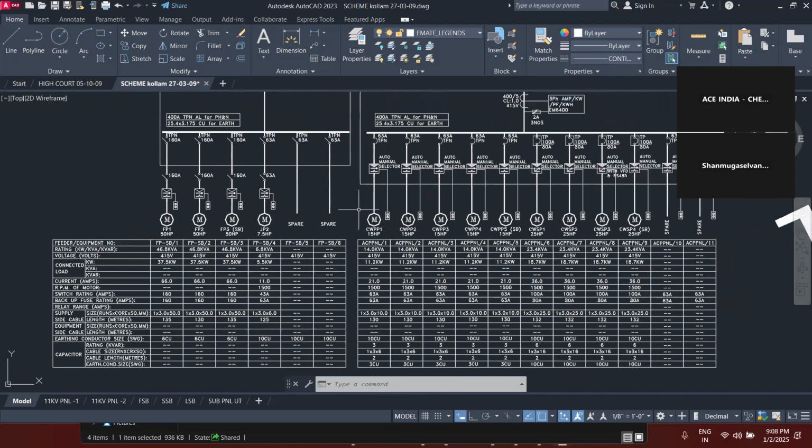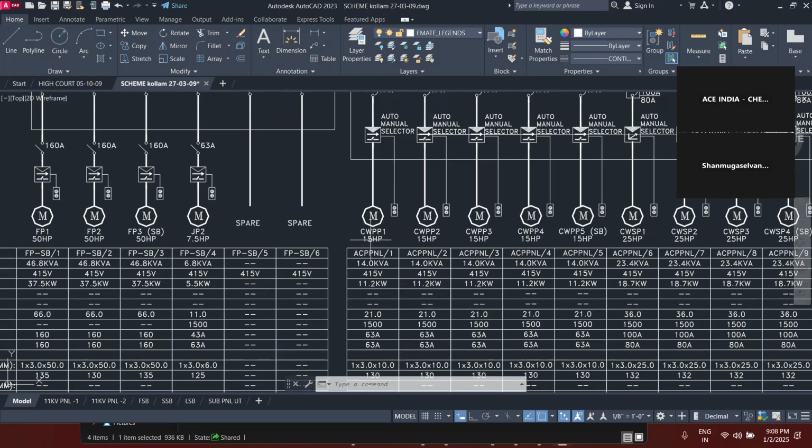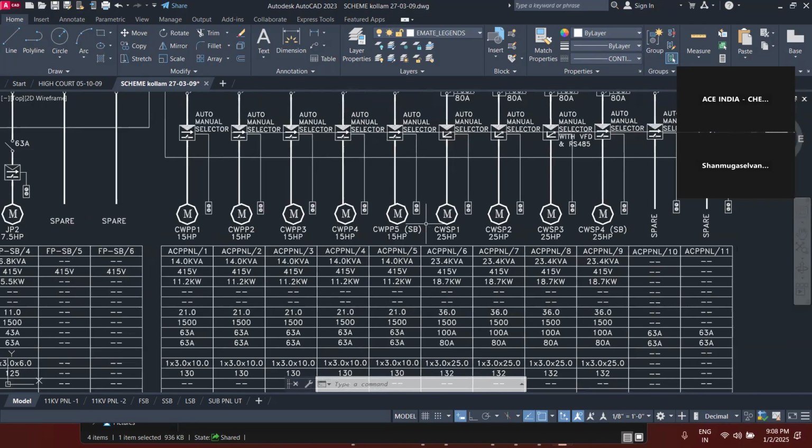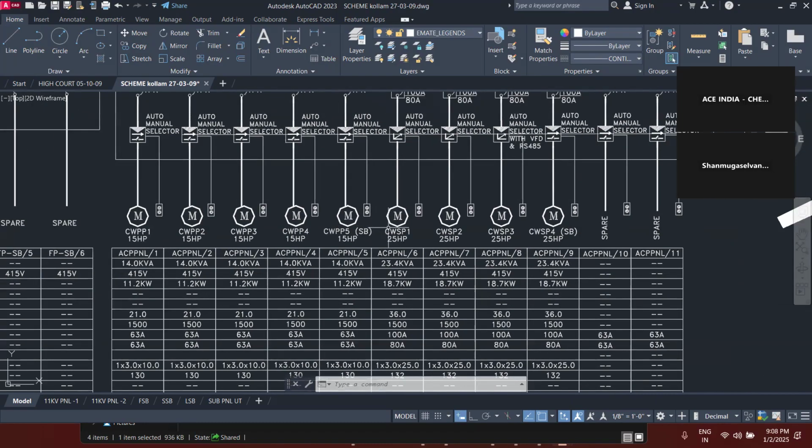Okay, and here this is CWP, meaning chilled water pump. This is for the chiller side. Chilled water pump 1, 2, 3, 4, 5. Then again, this will be condenser water pumps. Chilled water pump will be there, then condenser water pumps. So again, 1, 2, 3, 4, 5.